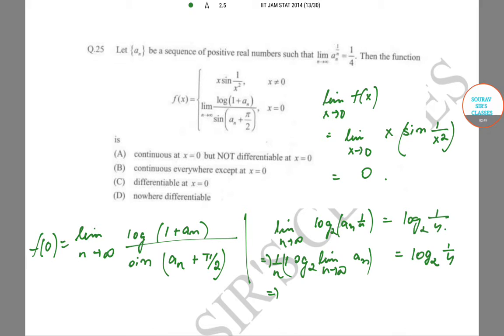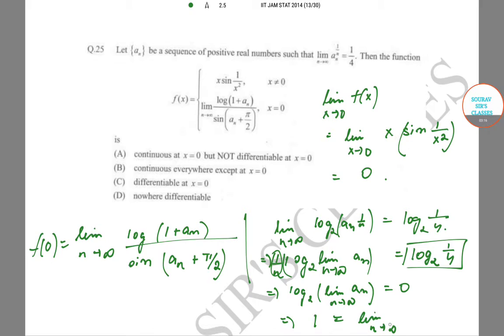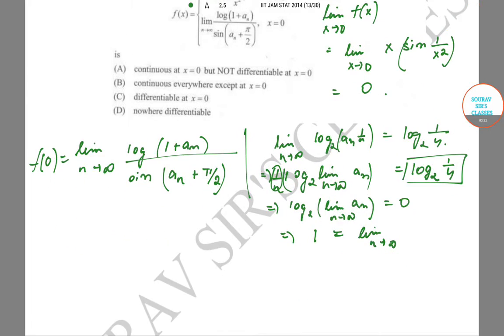So as n goes to infinity, 1 by n goes to 0, so log 2 of limit n goes to infinity a_n has to go to 0 if this limit has to be finite. So I think I just made it a bit too haphazard here. I'll just erase it and do it fresh.